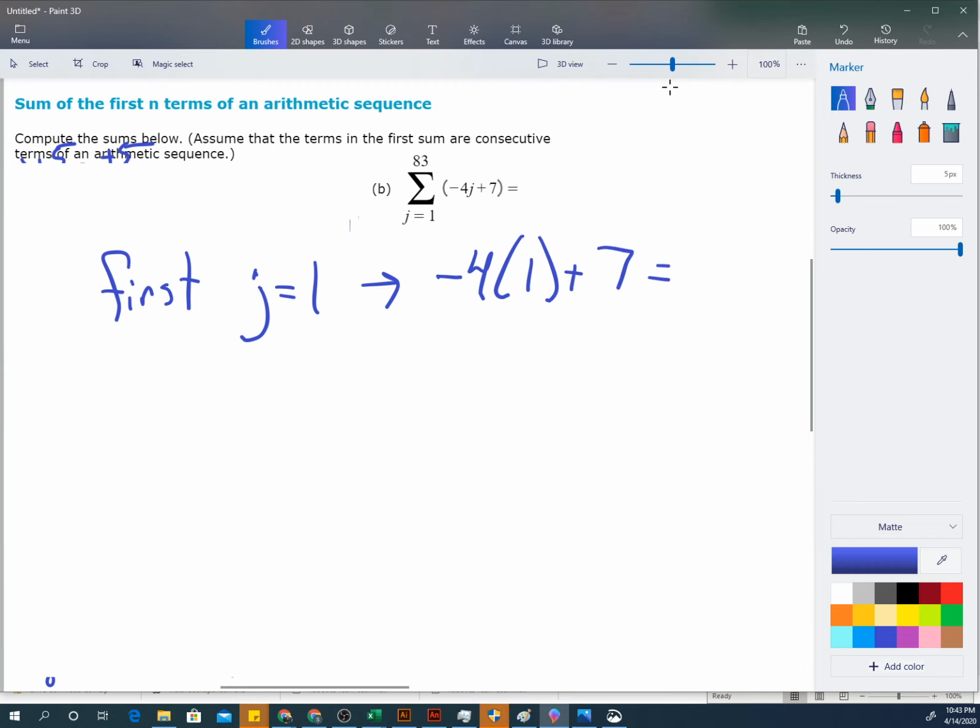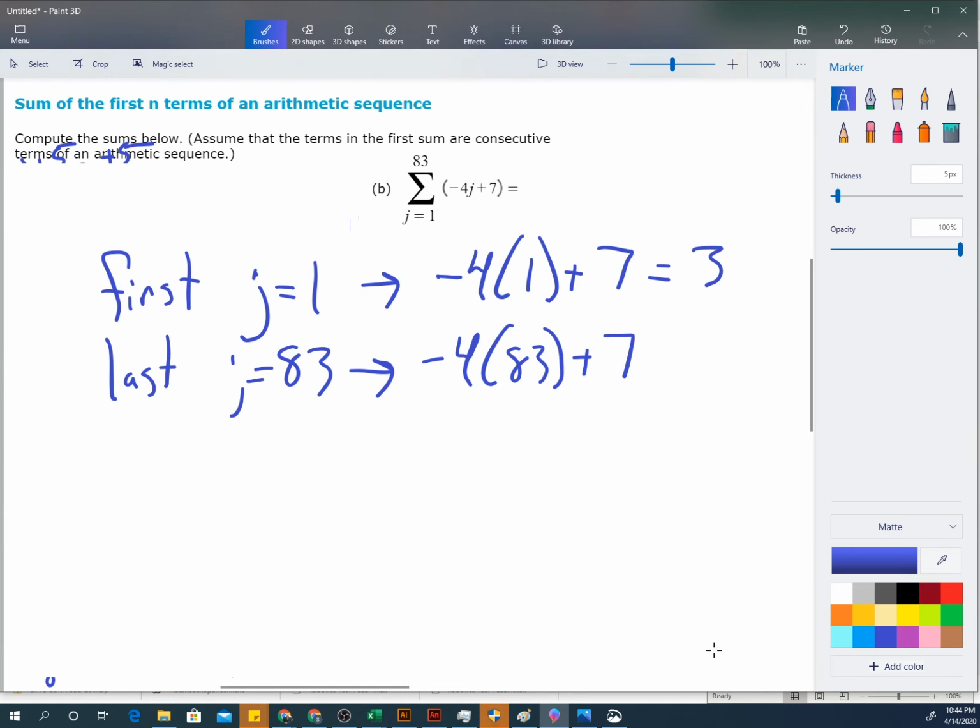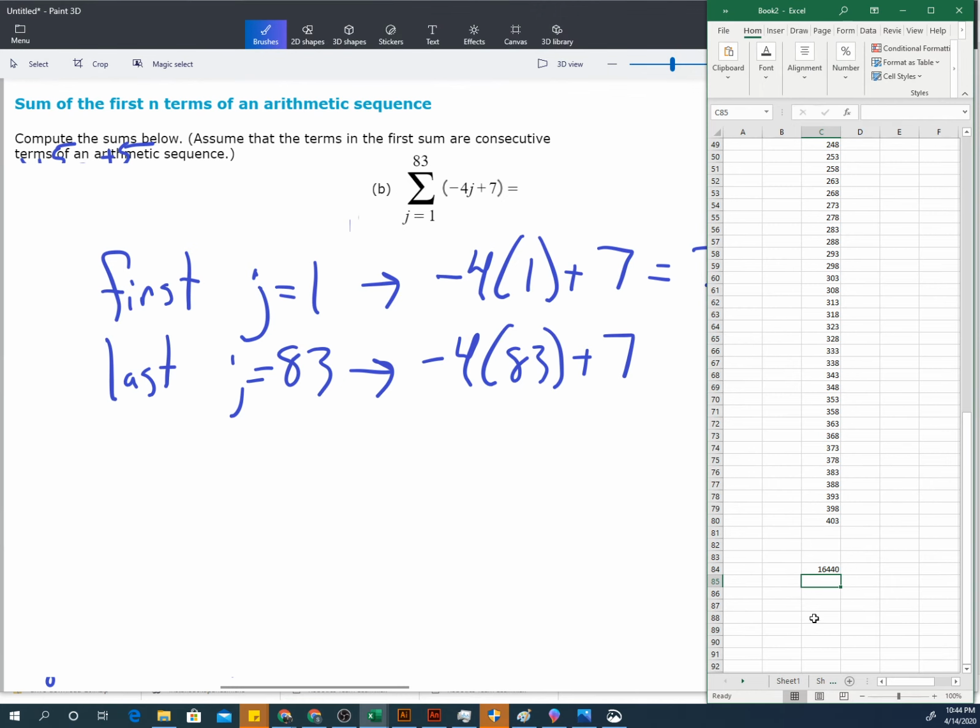And we get negative 4 plus 7, which is going to be 3. And for our last number, we're using J equals 83. And so we plug in that 83 here. And we're going to pull up Excel, let it do the math as a calculator for us.